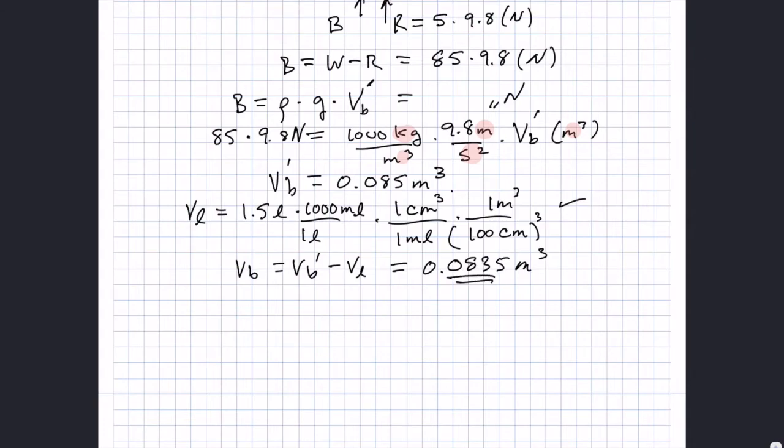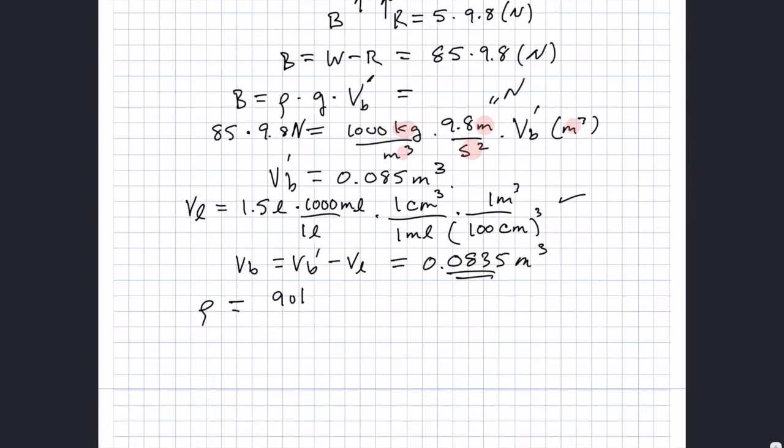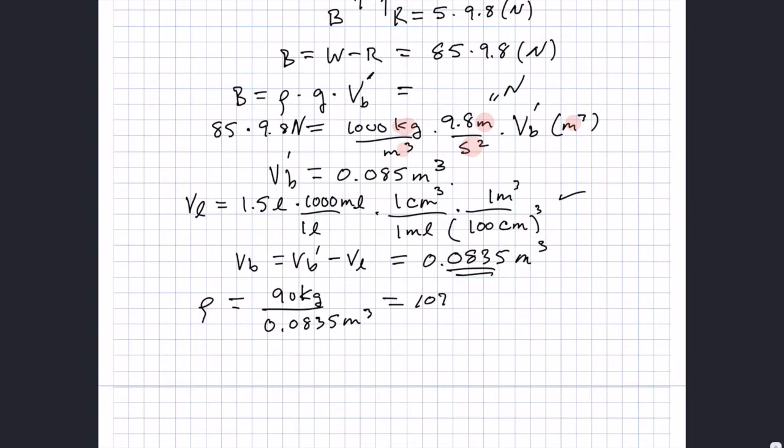So from there, it's pretty straightforward to get to the density. All right. So I take the mass of the athlete, 90 kilograms, and I divide by the volume. And I get a number of 1,077.8 kilograms per meter cubed.